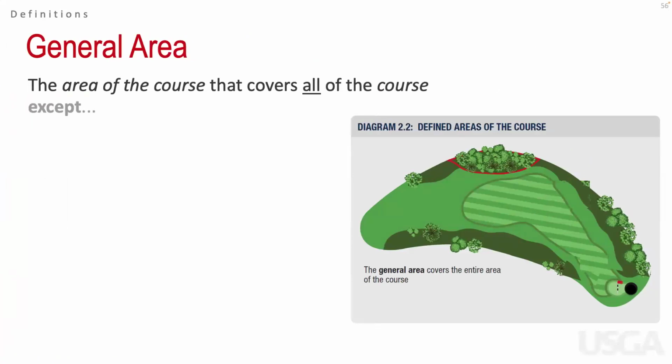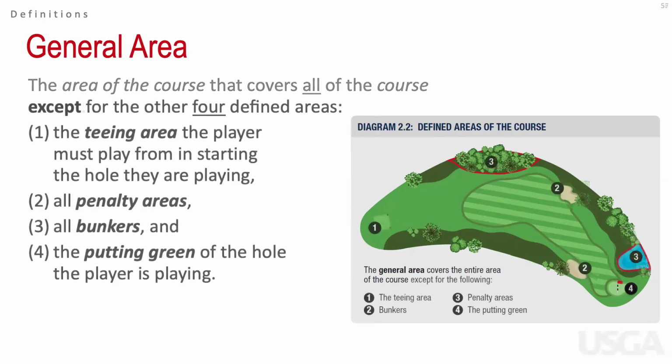So another definition, the general area. This is the area of the course that covers all of the course, except for the teeing area the player must play from in starting the hole that they're playing, all penalty areas, all bunkers, and the putting green of the hole being played. So we can see here, it's pretty much everywhere else except for those four areas.